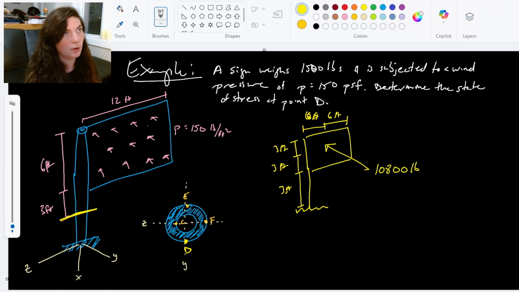So we've got that from our pressure. Now our problem statement also told us that the sign weighs 1,500 pounds, which is going to act at the center of gravity of the sign, in the very center of our sign here. 1,500 pounds.